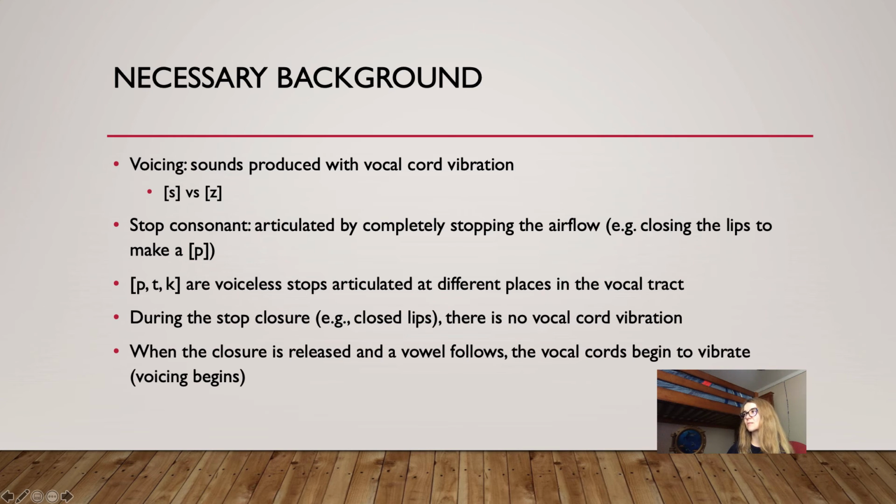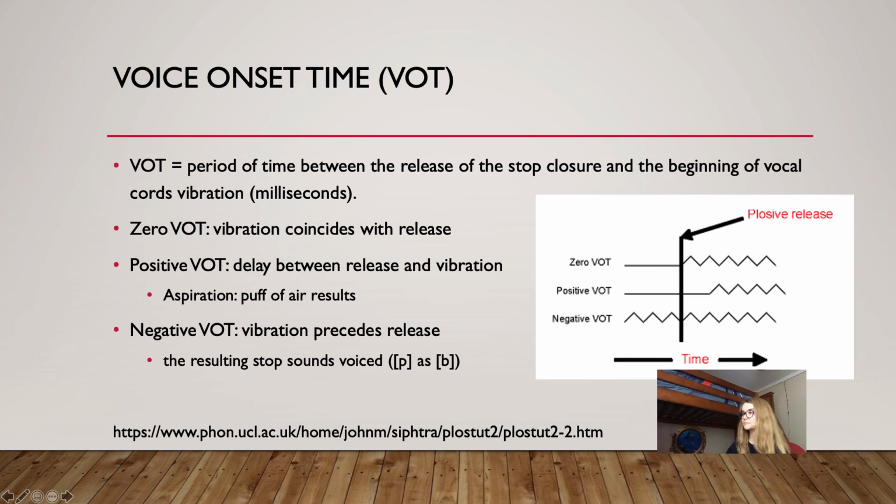So this is schematically how we can represent that. You can think of this as, here's 0 VOT. This vertical line is the plosive, or the stop, the closure release. You can release the closure and then immediately begin to vibrate the vocal cords.